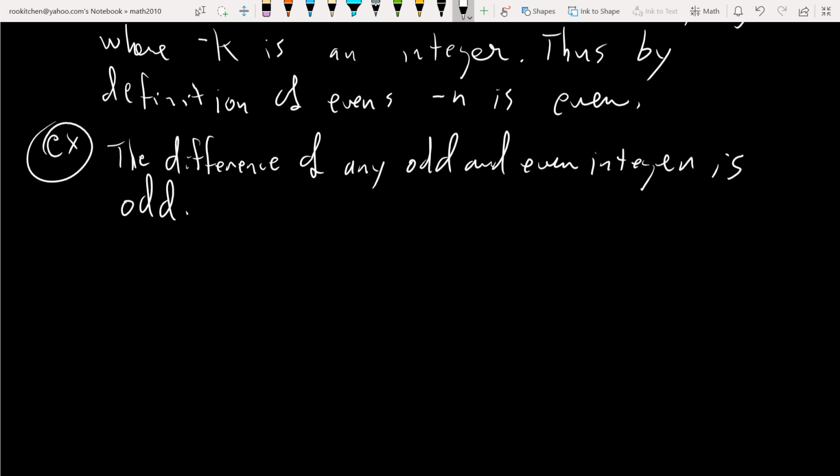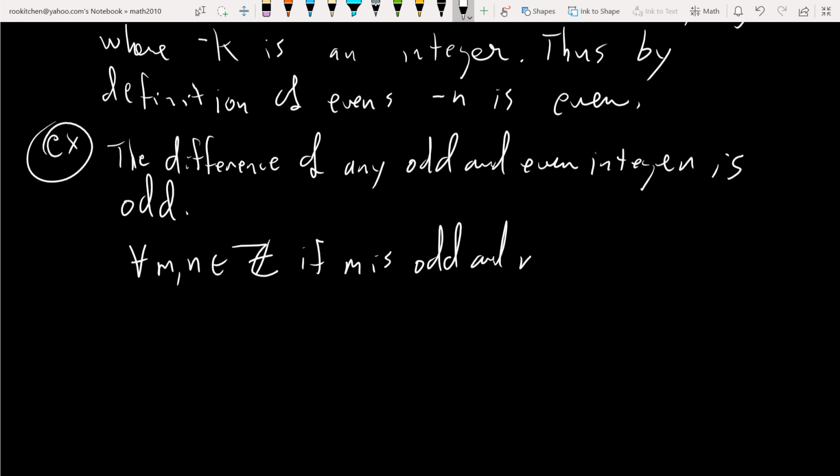Okay, so first I'll rewrite it symbolically. For all m, n in the integers, if m is odd and n is even, then the difference m minus n is odd.